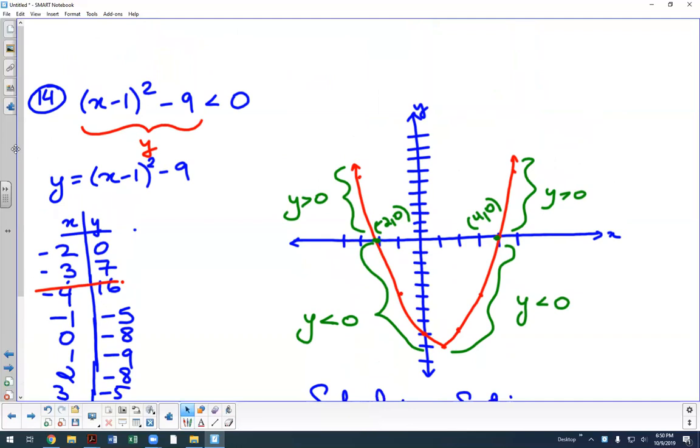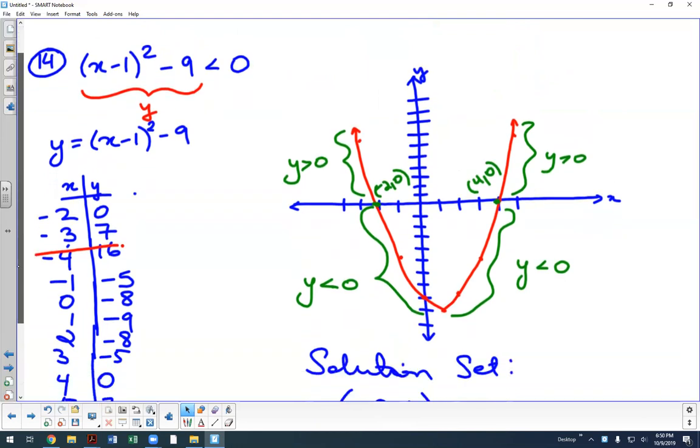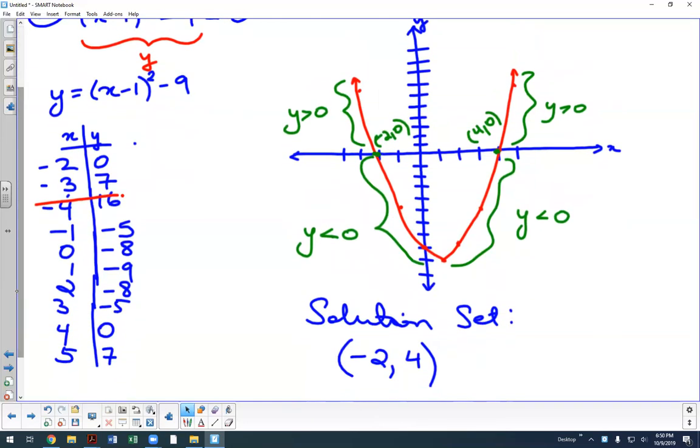Once we graph our equation using our table, then we were trying to decide where those values end up becoming less than 0, and where they're going to be negative. So this portion of my graph falls on the negative side of the y-axis, so I know all of these y values, if I look at these ordered pairs, are going to be negative. Once I cross the x-axis and go above it, my y values start becoming positive, so I'm obviously not interested in that portion of my graph.